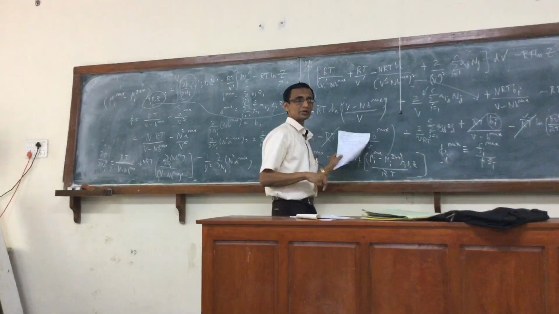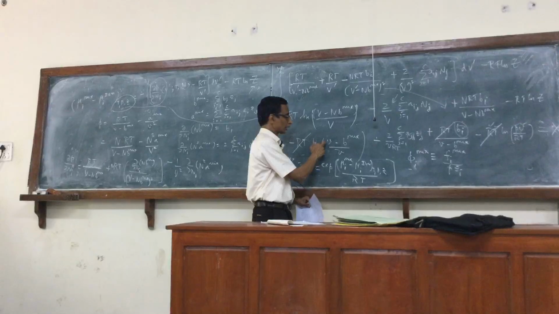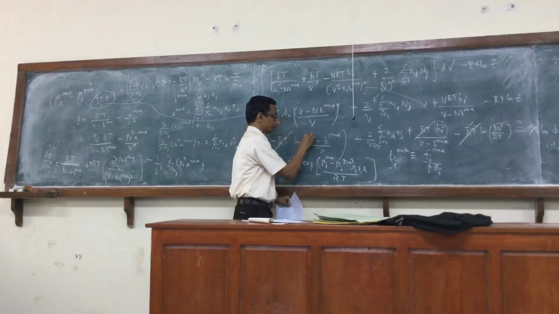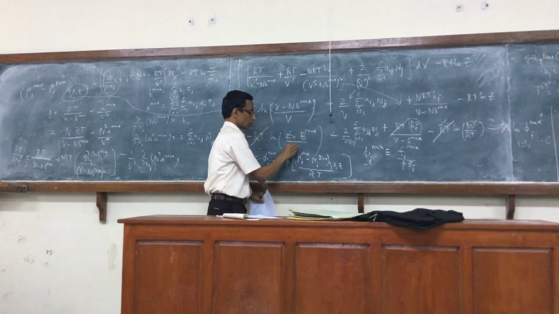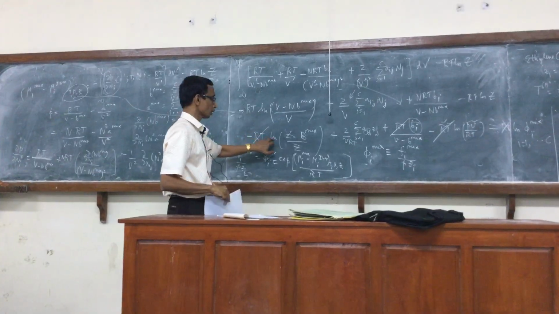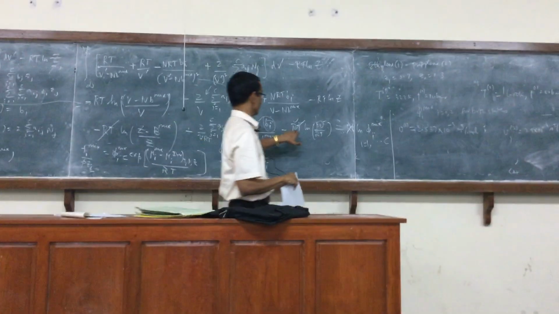Now there is another way in which this is written, in terms of the compressibility factor, right? If I multiply both numerator and denominator by P over RT, I will get Z. Actually this minus log of 1 over Z is going to cancel with this.